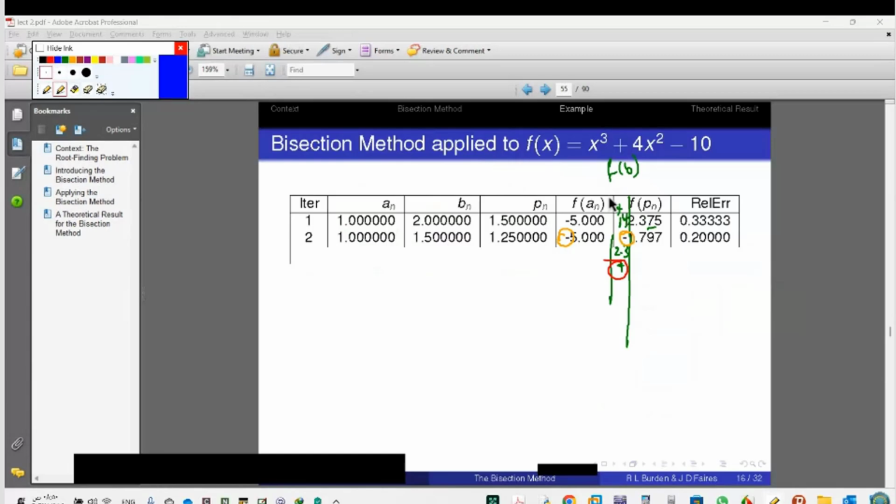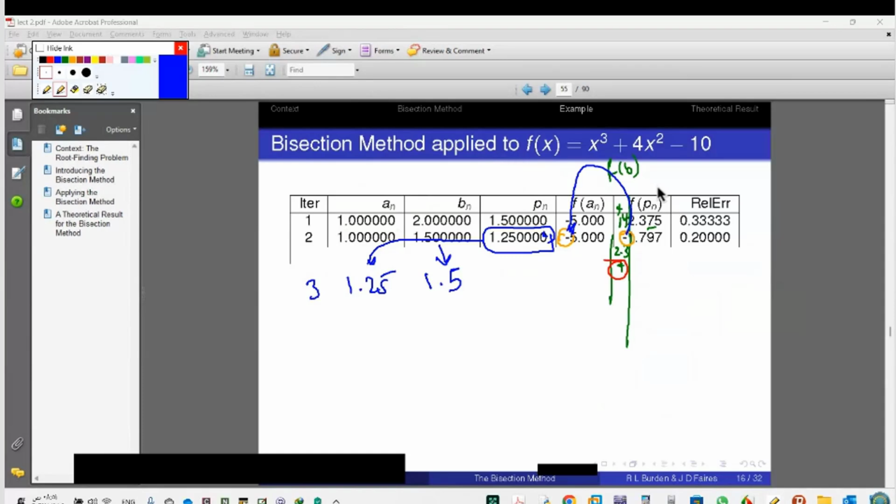Negative with negative, I will change P with A. So now in the third iteration, I change, see my hand, P to be here, and keep B as it is, and calculate P again. Is it clear?